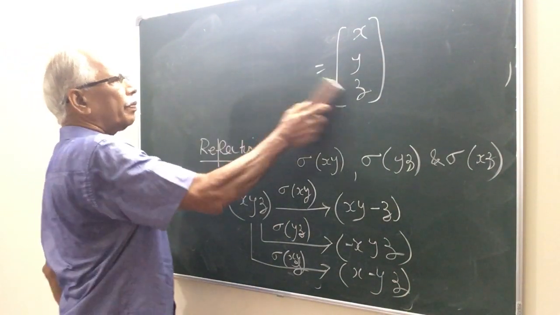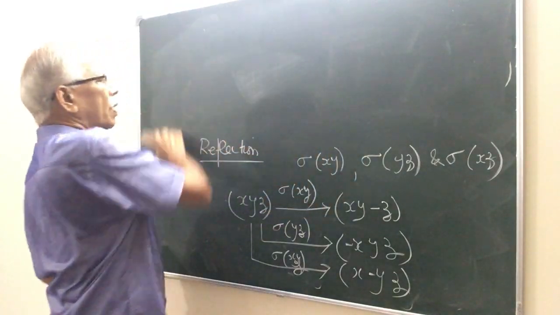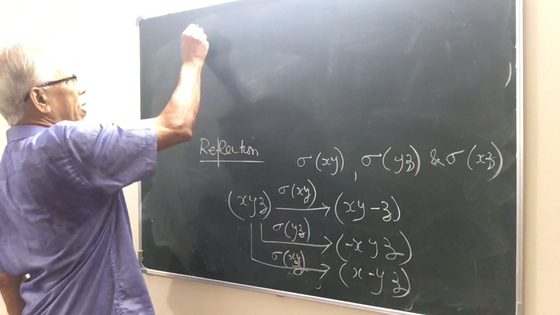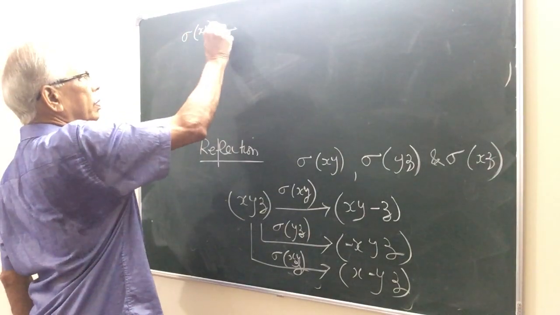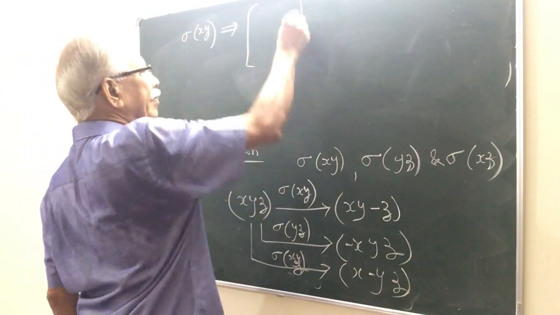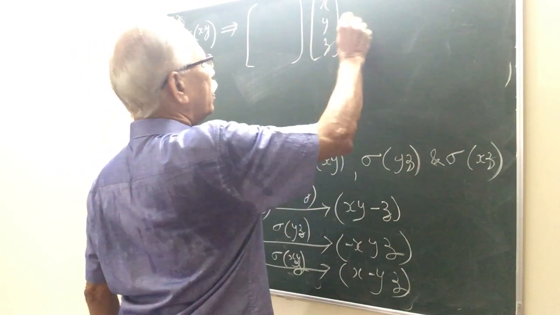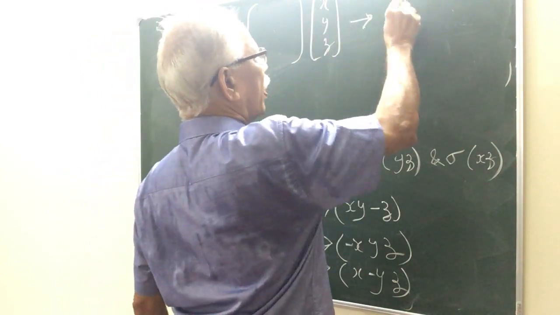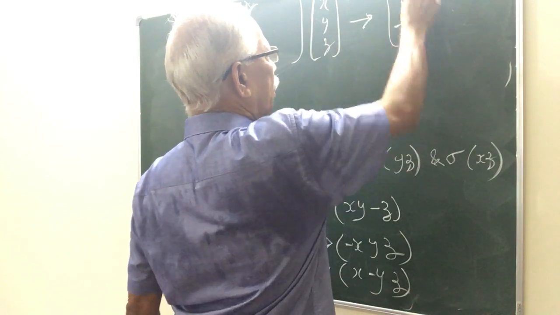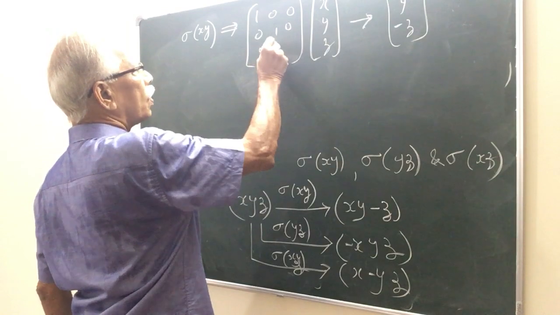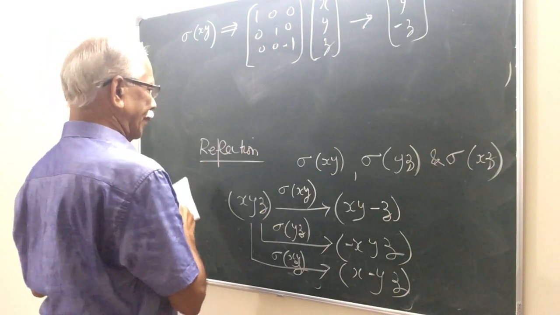These changes are suitably denoted by matrices. Sigma xy, the matrix will be, x, y, z changes to x, y, minus z. So the matrix will be 1, 0, 0, 0, 1, 0, 0, 0, minus 1.